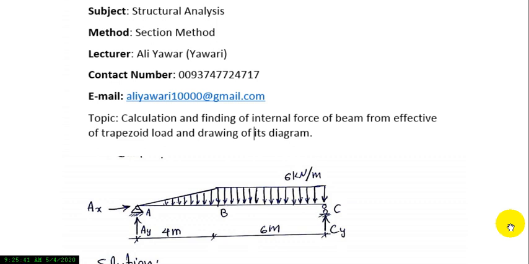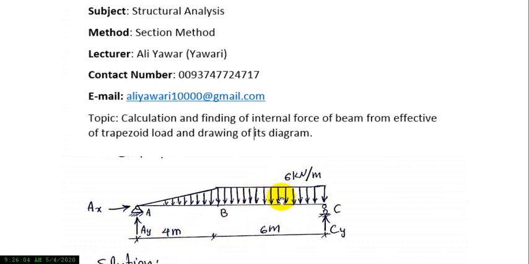In this lecture we want to calculate the internal force of a beam influenced by trapezoid loading, as you see on the screen. This is a beam whose length is about 10 meters: 4 meters and 6 meters.